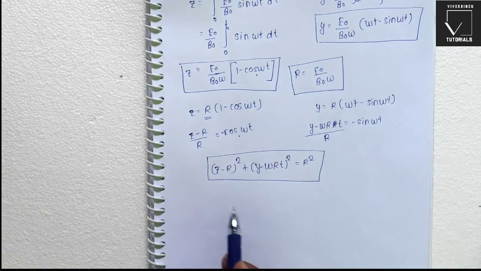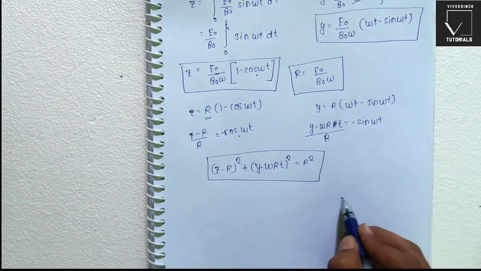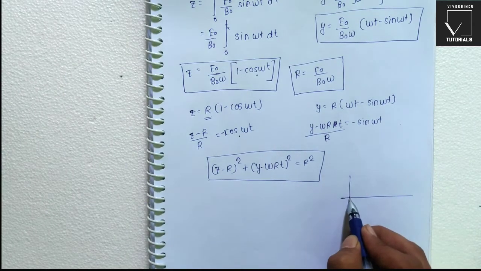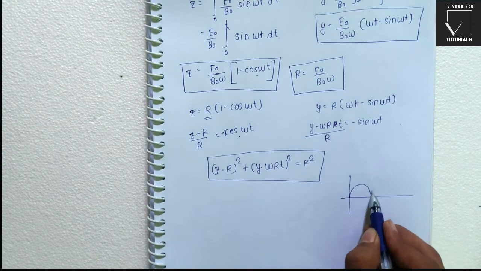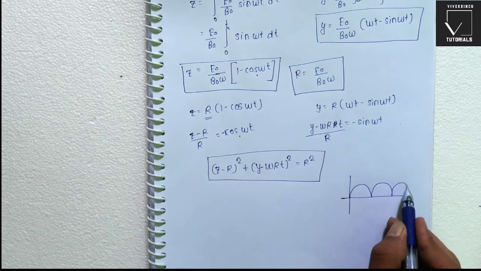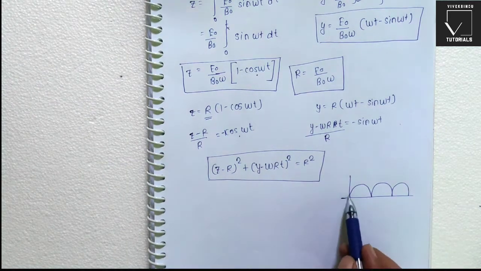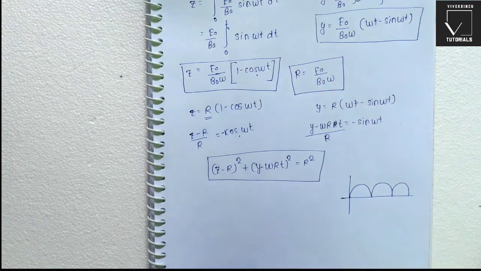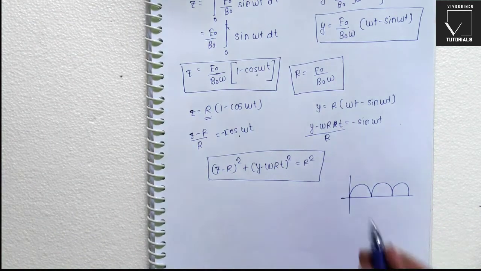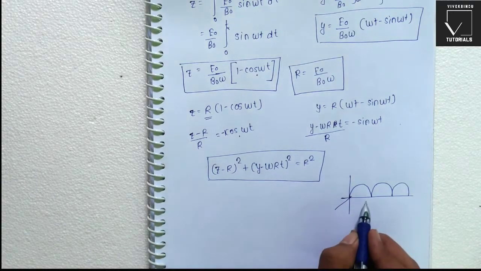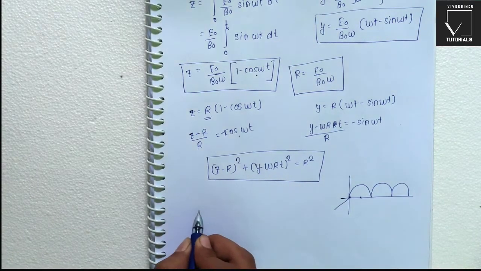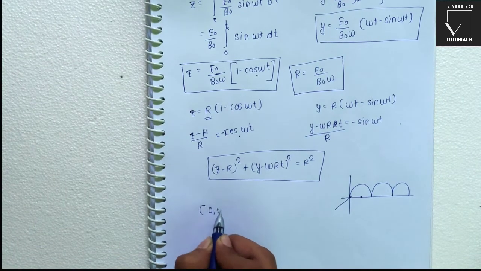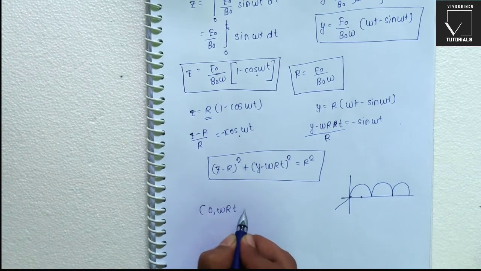So this equation is similar to the equation of a circle. So the path traced by the particle will be like this. This is a semicircle. So this is the path, and this is the equation for motion of a particle when it is passing through an electromagnetic field. So the coordinates of its center are given by 0, omega r t and r.